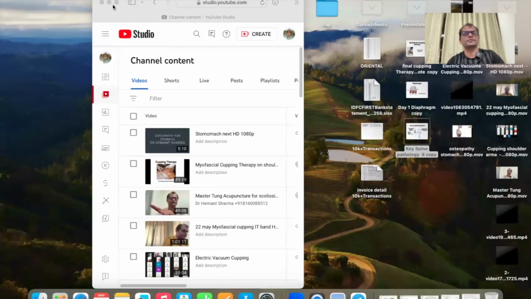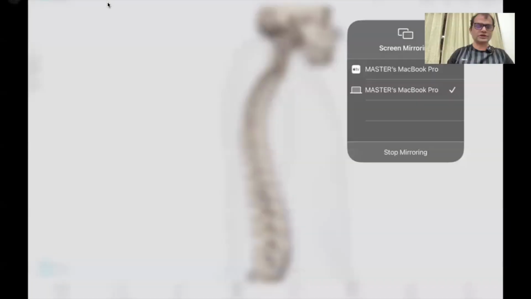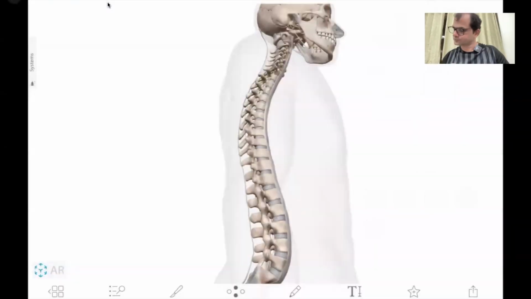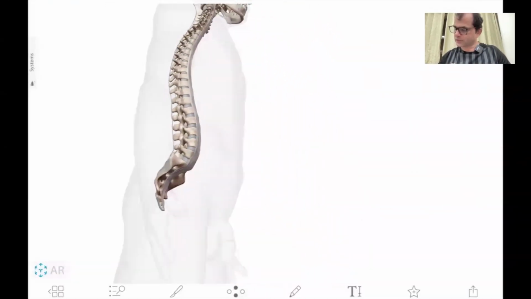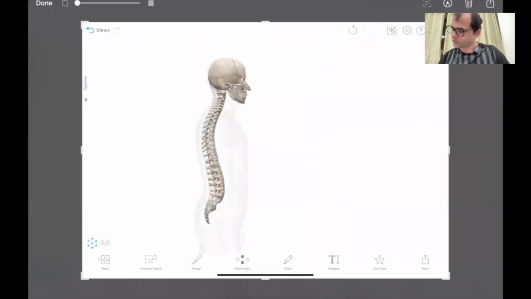So why do we suffer with pain of the tailbone? There might be many reasons. If we look at the structure of the spine, in the spine we have 4 curves.